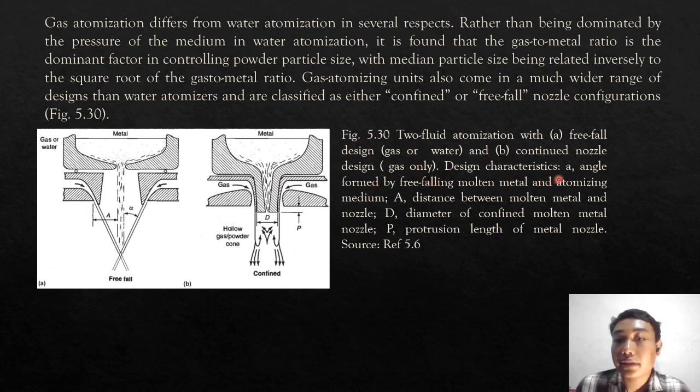Design characteristics: A, angle between the free-fall metal and atomization medium. L, distance between metal and nozzle. D, diameter of confined metal nozzle. P, pressure of the metal nozzle. Source: reference 5.6. Go to next.